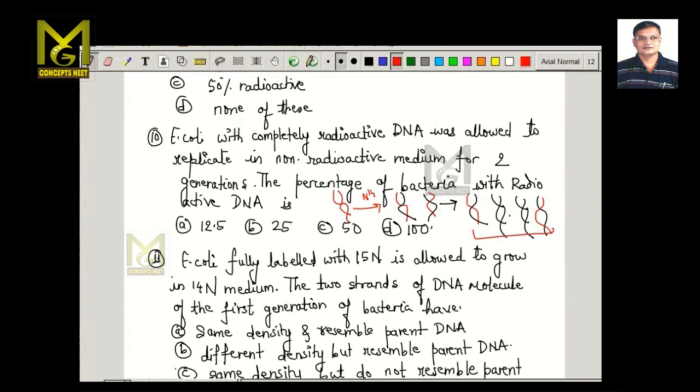Out of these four daughter DNAs, the total percentage of bacterium or the DNA which is radioactivated: out of four, two are radioactivated. These red ones we consider as radioactivated. So 50% of them is radioactivated after the second generation. So the correct answer in this case has to be C.